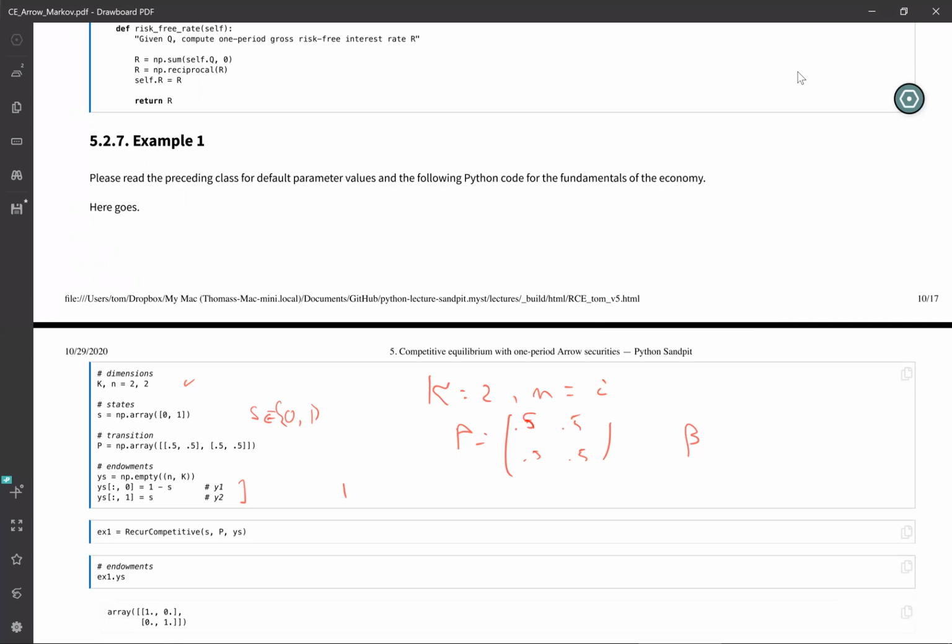There's no aggregate risk, but there's a lot of risk at the individual level. And then just by putting in new matrices, we'll be able to study some other examples. So we're going to do that the next time that we meet.